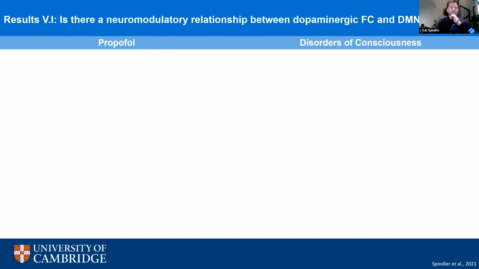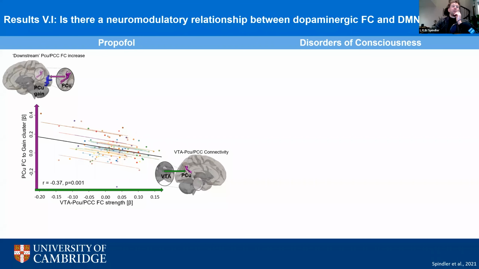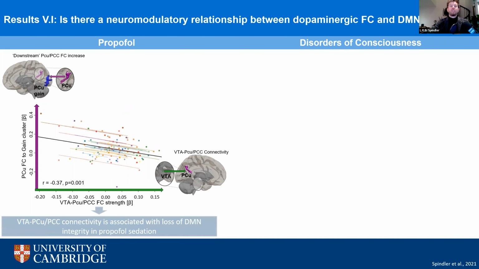The way we looked at this was to take contrasts between awake and moderate sedation in the sedation dataset, and to see how this area of the precuneus it disconnects from might connect to other areas it is not typically associated with. Again, we found that the specificity of precuneal connectivity went down the more disconnected the VTA became from the precuneus.